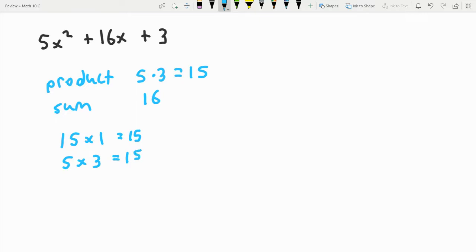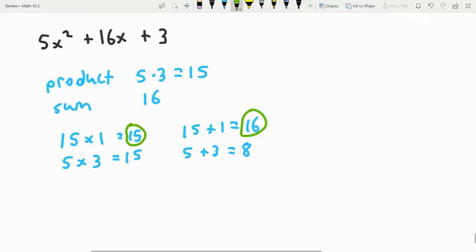But only one of these pairs would work when you add them together. 15 plus 1 equals 16, and 5 plus 3 equals 8. Because I want 15 and 16 to be my product and sum, 15 and 1 are the numbers I want to use.